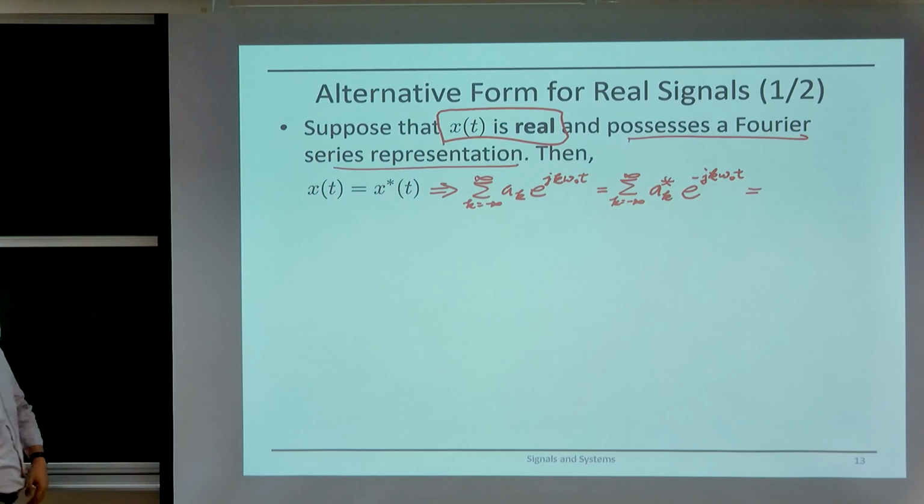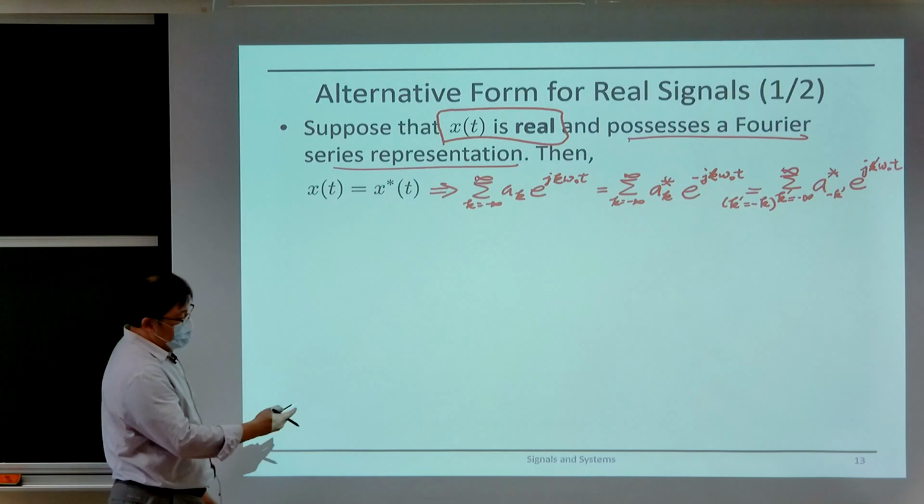Now, if you perform a change of variable where you set k prime equal to minus k, then you have the summation of k prime from minus infinity to infinity, a minus k prime complex conjugate, e to the j k prime omega naught t.